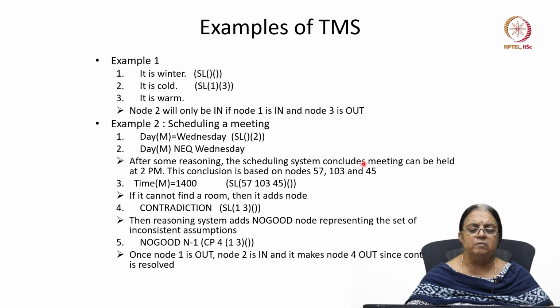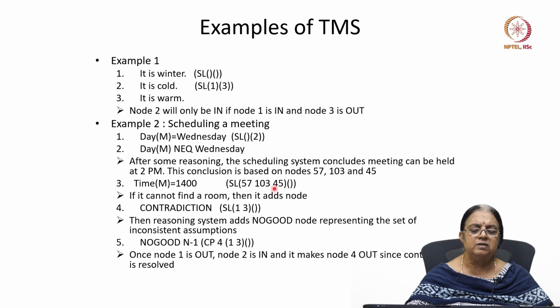But suppose you find some other conclusions, and from those you know that it is not possible to hold a meeting at 2 o'clock on Wednesday, for example, time M is equal to 14 hours.